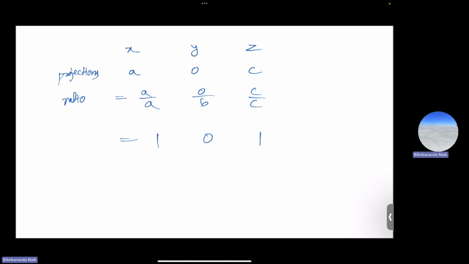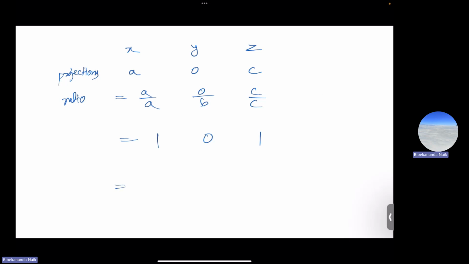So if you do the same thing like the previous question, x, y, z projections are A, 0, C. Then in ratio, A by A, 0 by B, C by C, it will be 1, 0, 1.